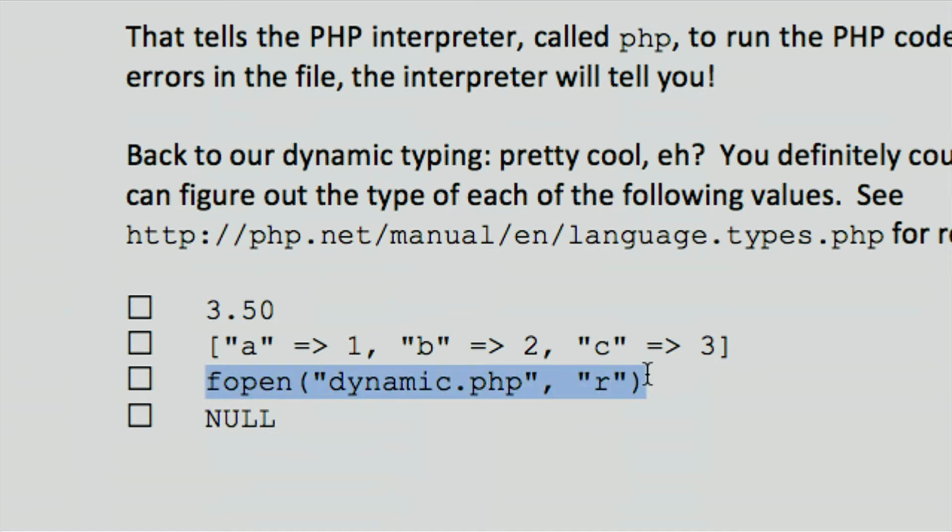So run that, see what happens when you pass that into getType. And then also check out what null might be in PHP. I'll give you just a couple of minutes. You can literally just copy and paste these values in, and then we'll do a little random call on you and see what you got.